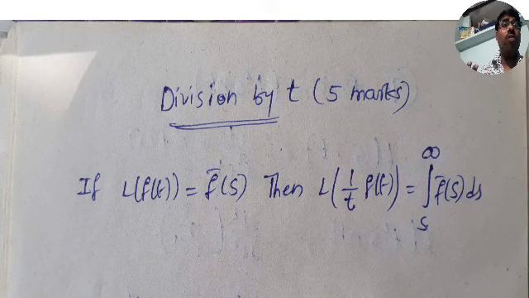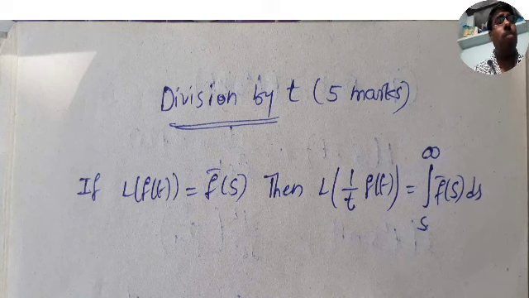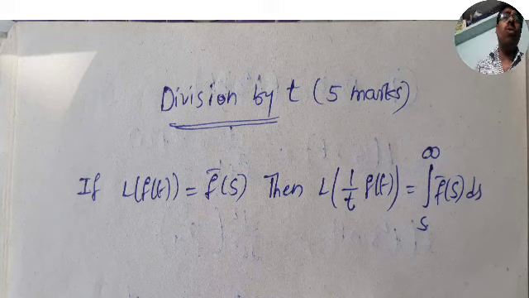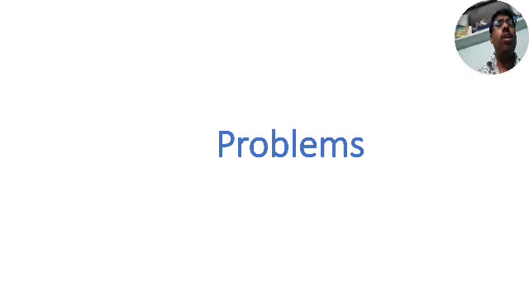Very easy to identify. Multiplied by t square, then it is multiplication by t power n. Now divided by t square, then it is division by t. In multiplication by t we did derivatives. Now in division by t we are going to do integration. Remember the limits s to infinity: integration s to infinity f bar of s into ds. So let us go to the problem.